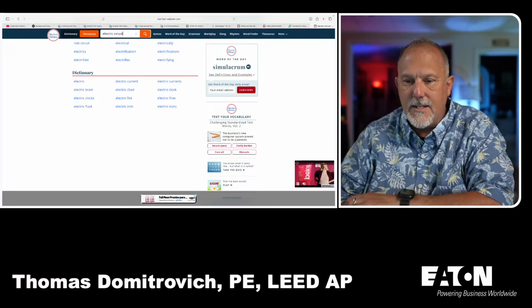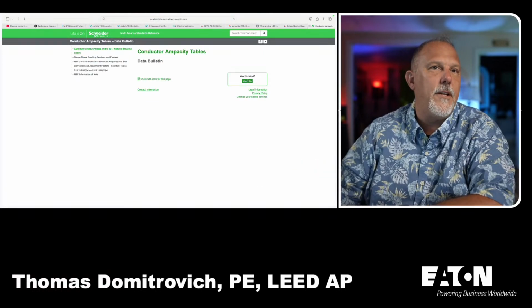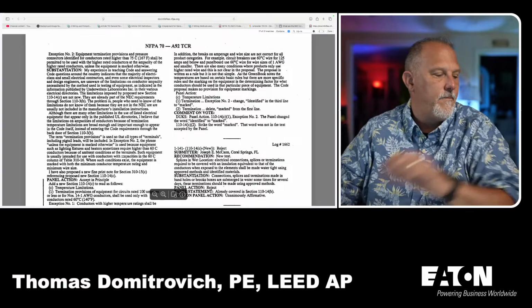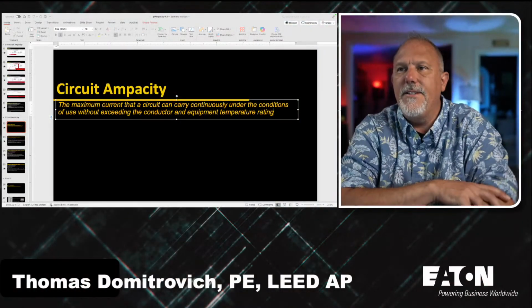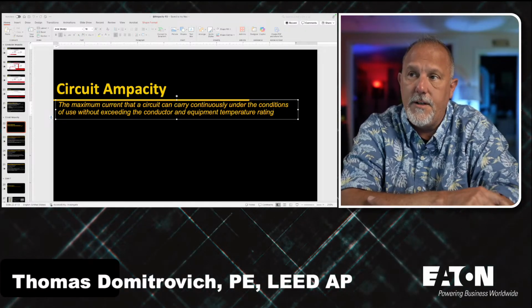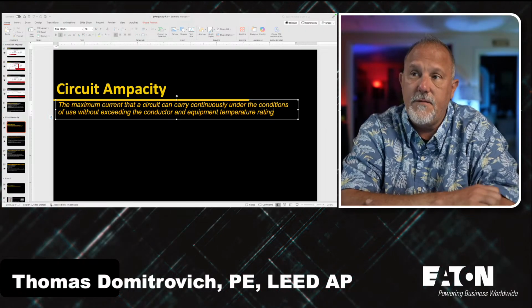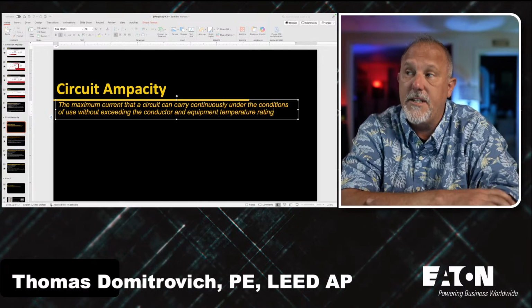I'm looking at Class 1 as it applies to AC power. Well, I'm not using the term Class 1 circuit, so I don't know. What I'm going to do is define it. When I say circuit ampacity, I'm talking about the maximum current that a circuit can carry continuously under the conditions of use without exceeding the conductor and equipment temperature rating.